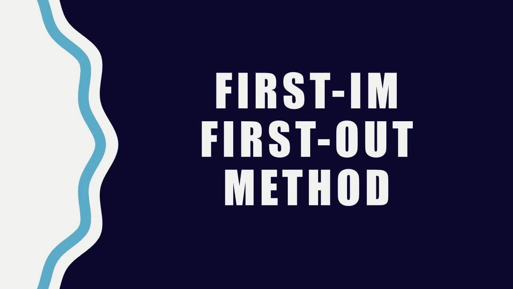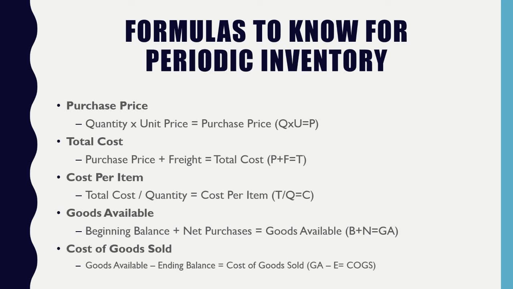First one, first in, first out, okay? So here are going to be your formulas that you need to know to help you calculate first in, first out, okay? All right, so you're going to be seeing formulas such as for figuring out what the purchase price is.